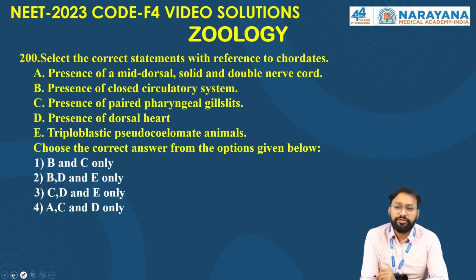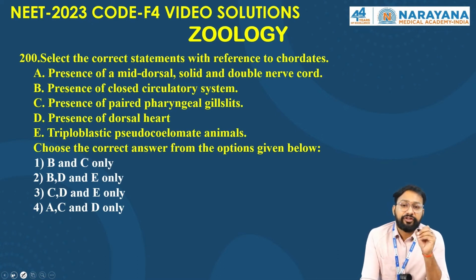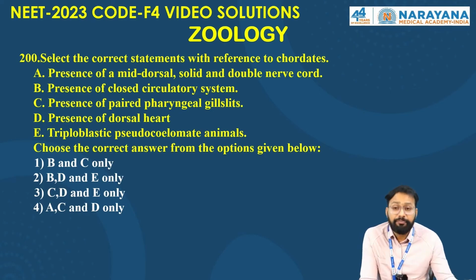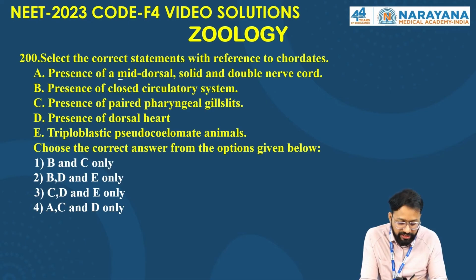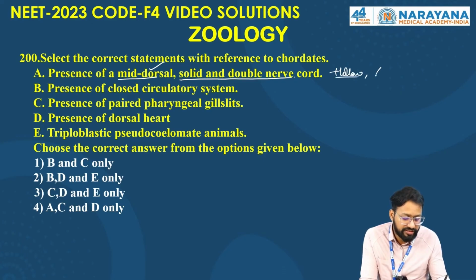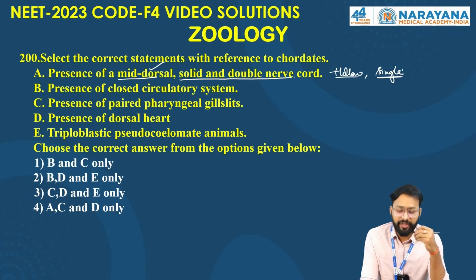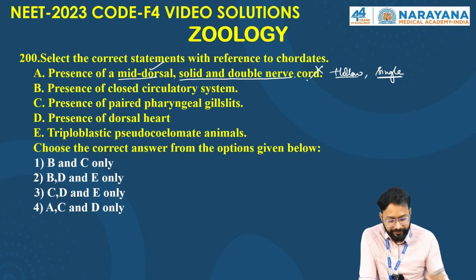The last question, question number 200. Select the correct statements with reference to chordates. A, presence of a mid-dorsal solid and double nerve cord? Mid-dorsal is okay, but solid and double? No, hollow, single. In chordates, there is a single, dorsal, hollow nerve cord, so this is incorrect.